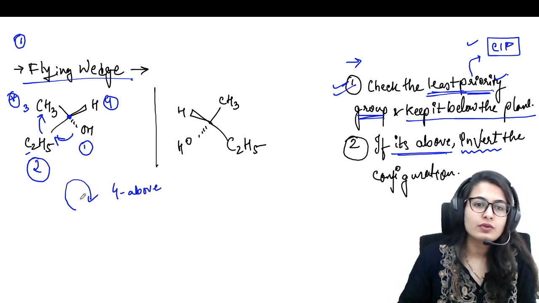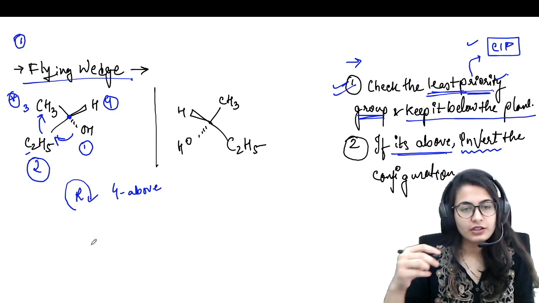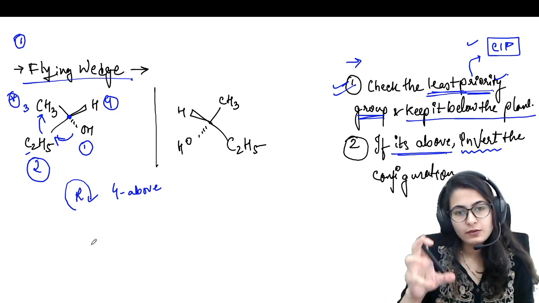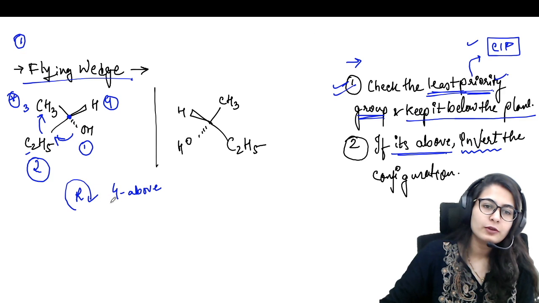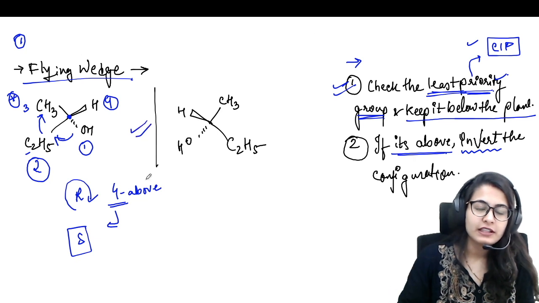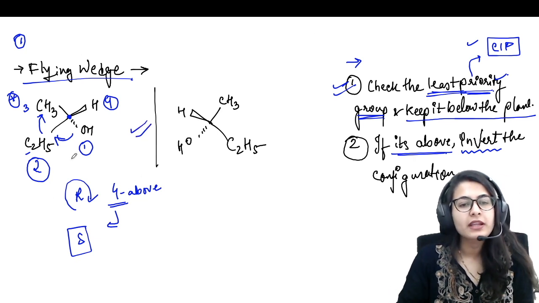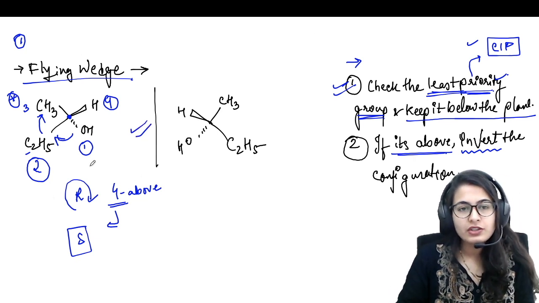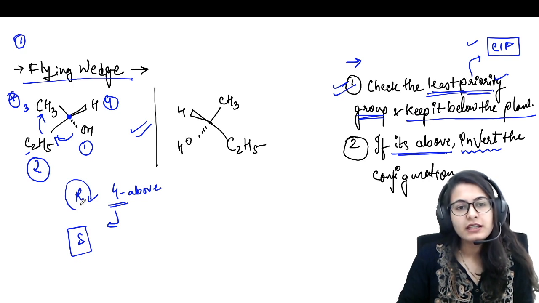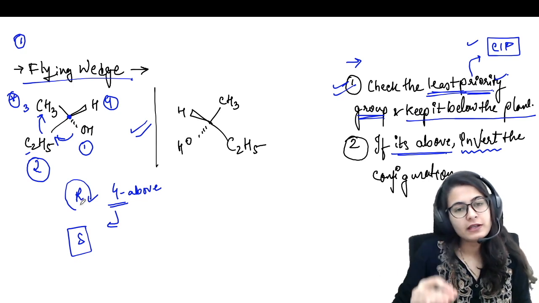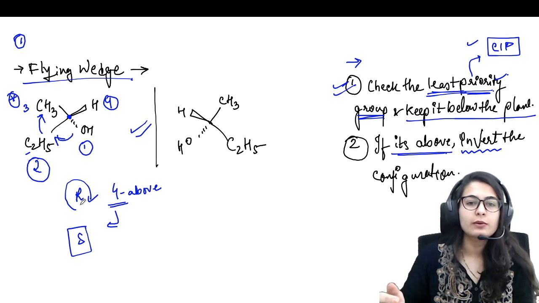Clockwise rotation usually gives you R configuration, yes or no? Clockwise rotation gives you R, but when the fourth priority group is above, you are going to write S. So this molecule will have S configuration. I just hope you understood that whatever the rotation is, write the configuration for it. If the least priority group is below, it will be as it is. If it is above, it will invert.